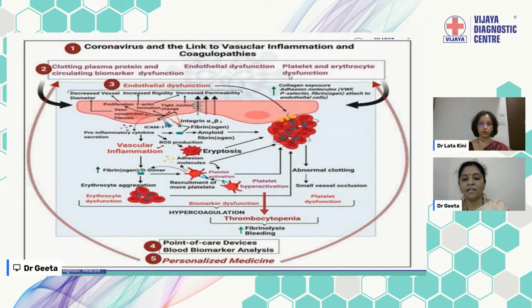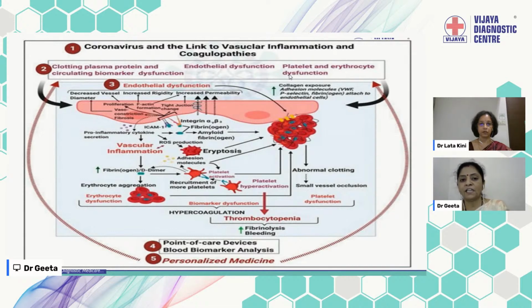When it gets into the endothelium, it damages the endothelium, and it also releases a lot of pro-inflammatory cytokines. A lot of inflammatory reagents are released into the body, which further causes vascular inflammation.